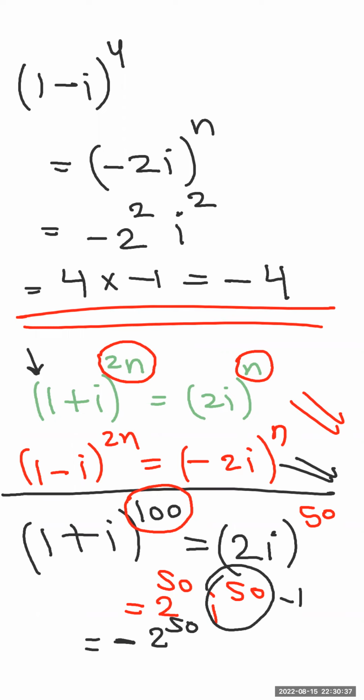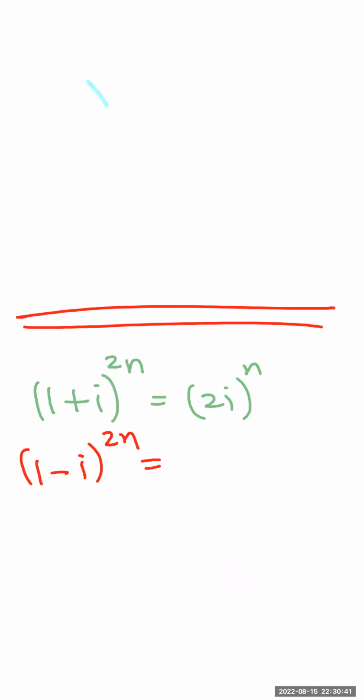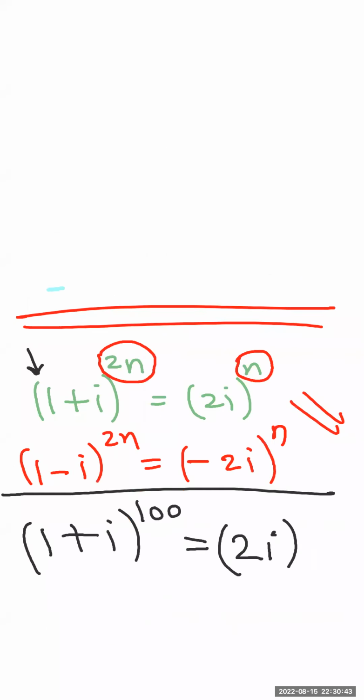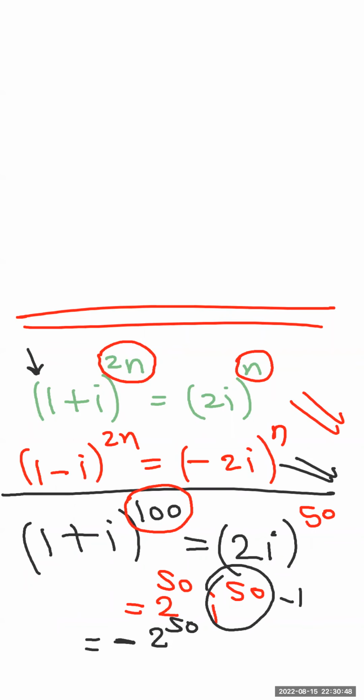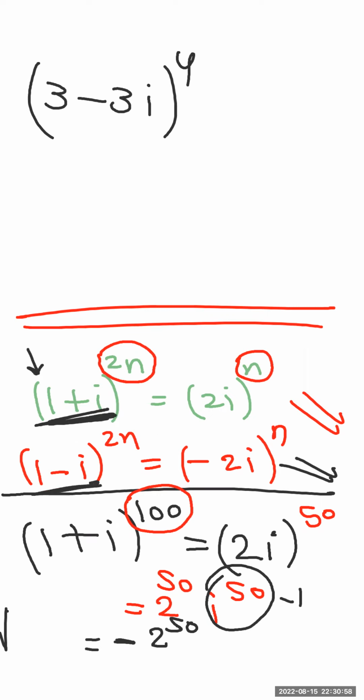Another question like this. I'm going to clear the upper part of the board. The question is (3 minus 3i) all to the power 4. Guys, the formula is for 1 plus i or 1 minus i, not 3 minus 3i.